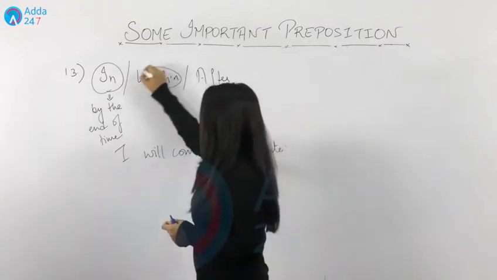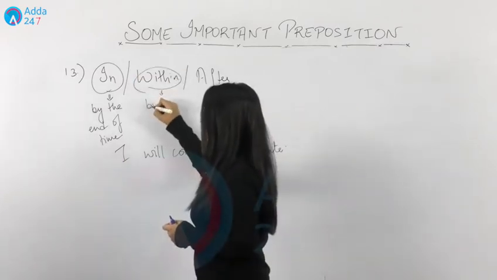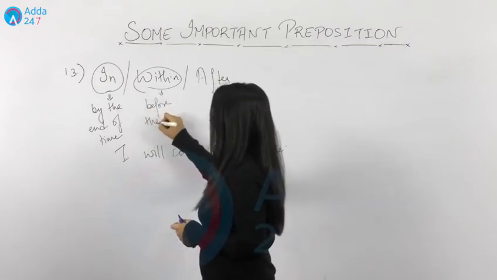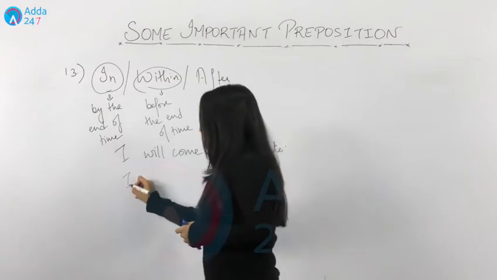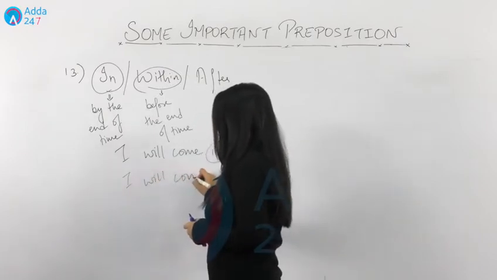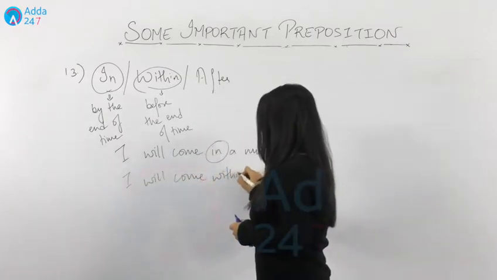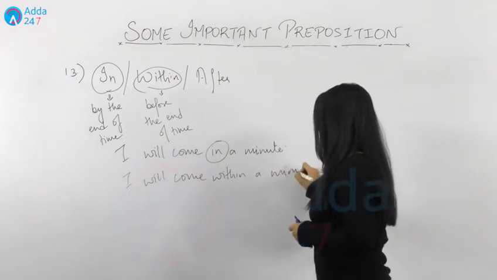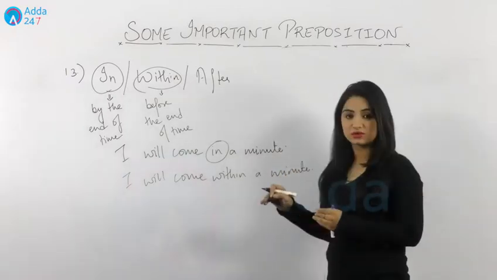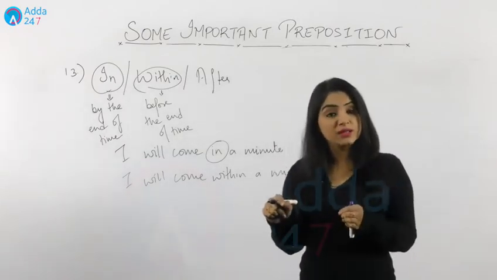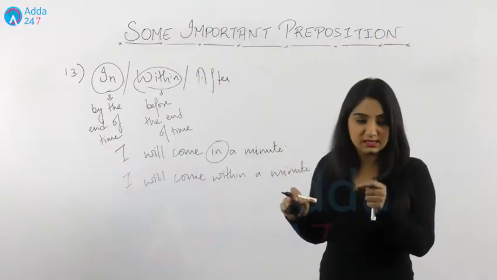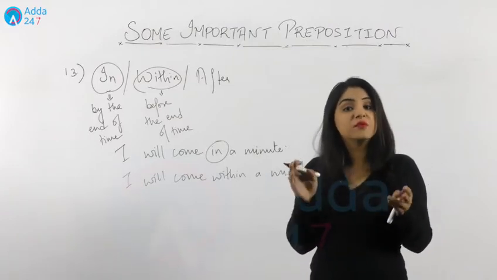But if I say within, within always means before the end of time. So if I say I will come within a minute, there is a difference between the two sentences. The first says I'll come in a minute, which means I will come till 1 minute ends. It can be 60 seconds, it can be 50 seconds.